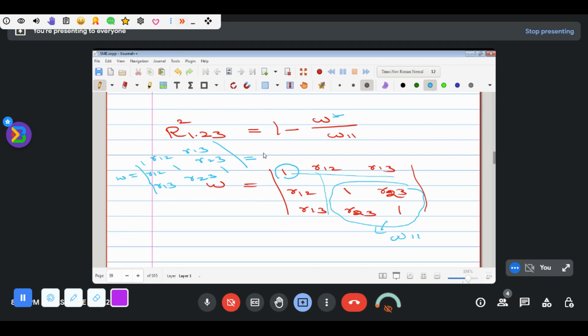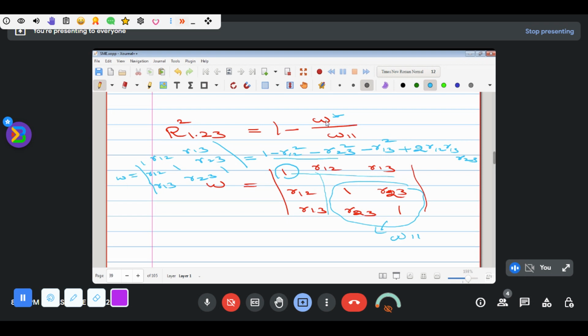It can be written as 1 minus R12 squared minus R23 squared minus R13 squared plus 2 times R12 R13 R23. This is the determinant of omega.